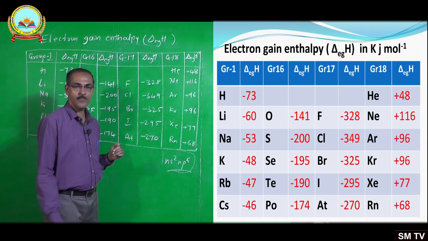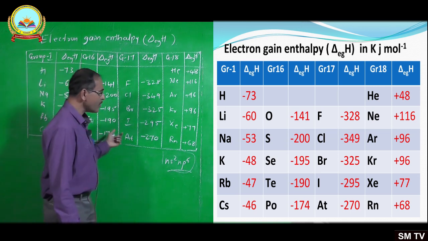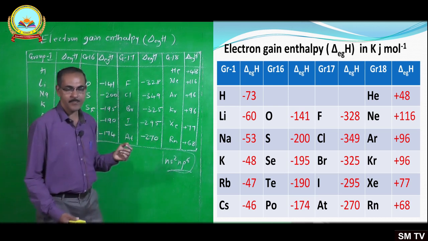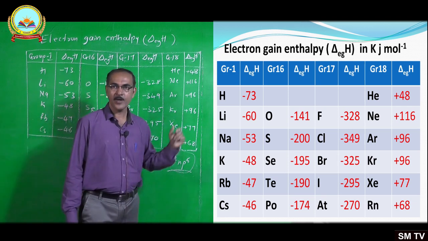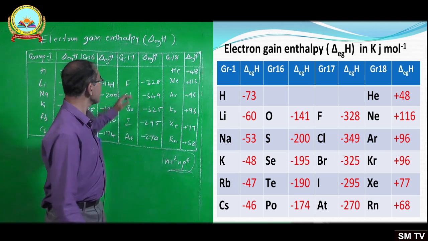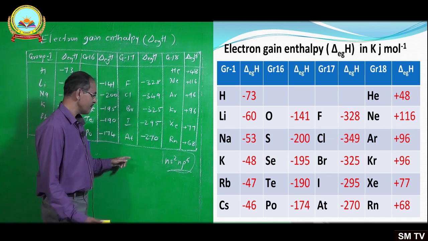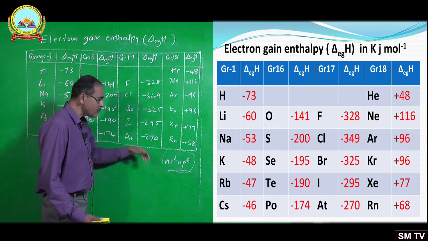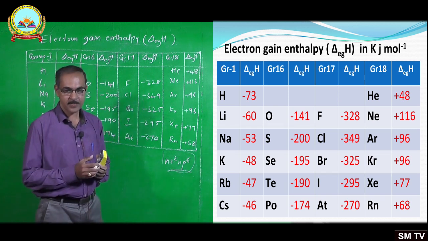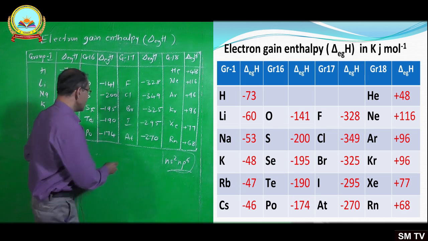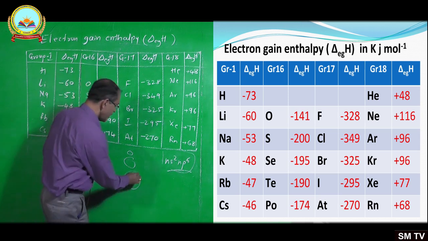Down the group, what happens? The electron gain enthalpy becomes less negative, because as you go down the group, the atomic radius goes on increasing.